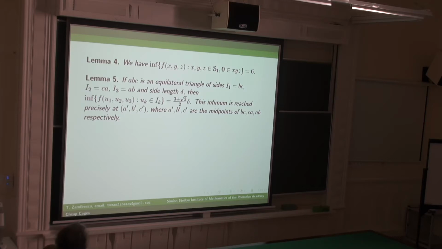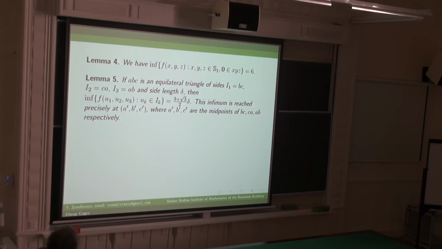So if ABC is an equilateral, now I go ahead to try to find the L for planar convex bodies. This is a step towards finding L of S1, L of the unit disk. S1 is a circle.